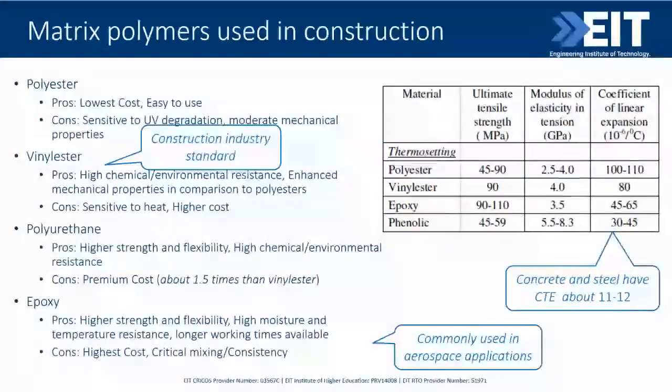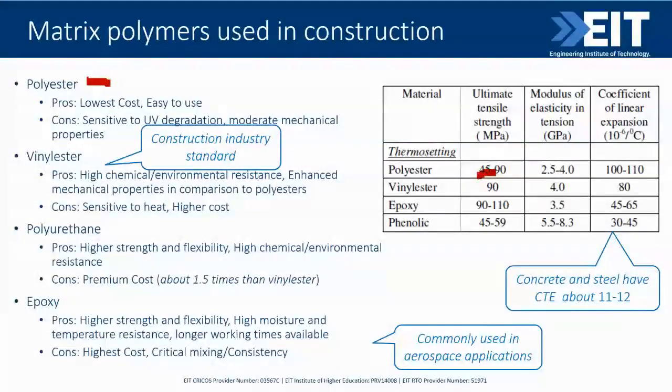The matrix materials used in structural composites are usually polyester, featured by low cost and easy application. However, it's quite sensitive to UV light and has quite moderate mechanical properties, what we see here: only about 40 to 50 megapascal strength, and modulus of elasticity up to 4 gigapascals, so not great.